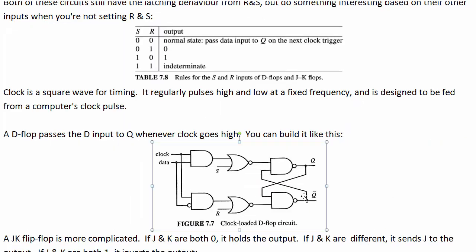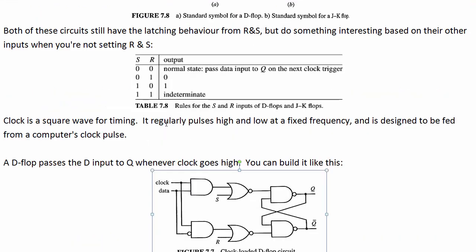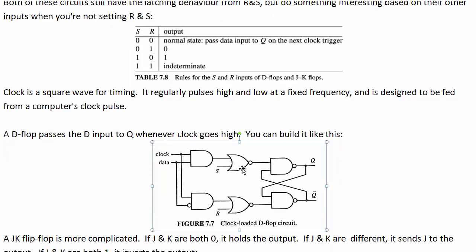Here's one way that you could make a D flip-flop. Let's consider the case when S and R are both 0, so the normal operating state. In that case, these NOR gates just behave like NOT gates. So we're passing NOT this input over to here, and NOT this input over to here.